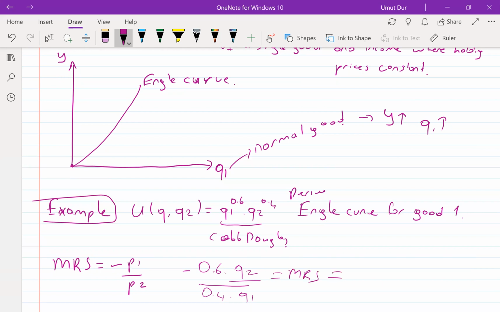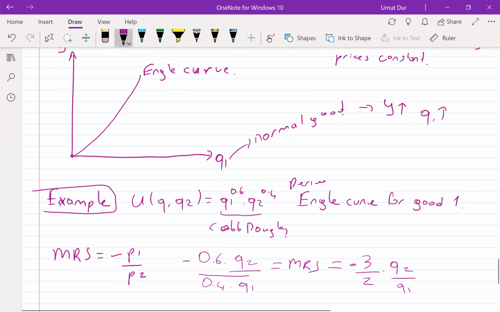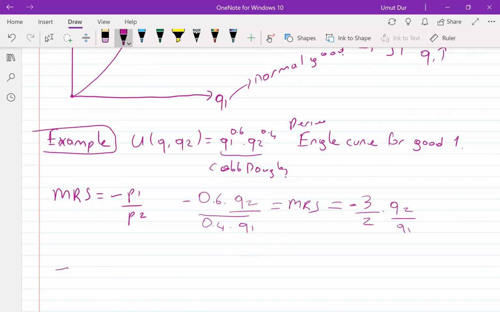If I do the math, it is minus 3 over 2 times Q2 over Q1. Then it will be equal to the ratio of the prices with the minus sign. Then Q2 is equal to P1 over P2 times 2 over 3 times Q1.